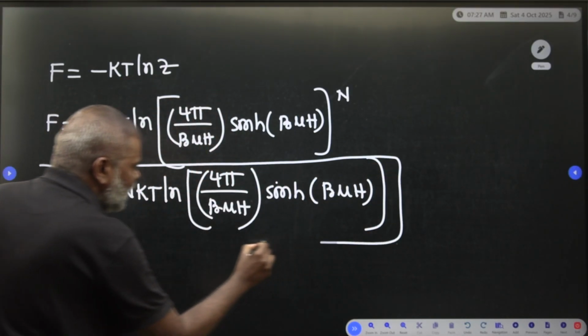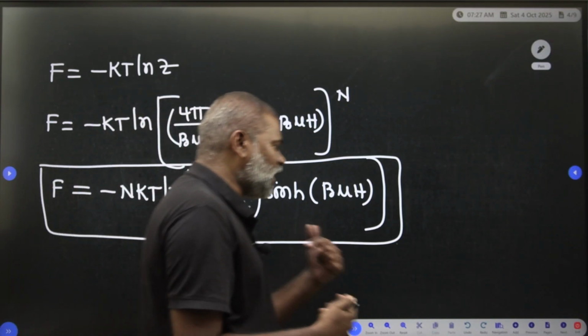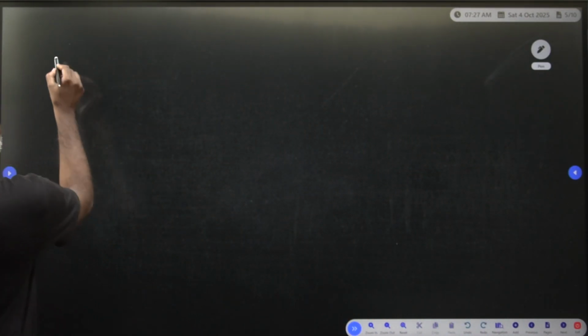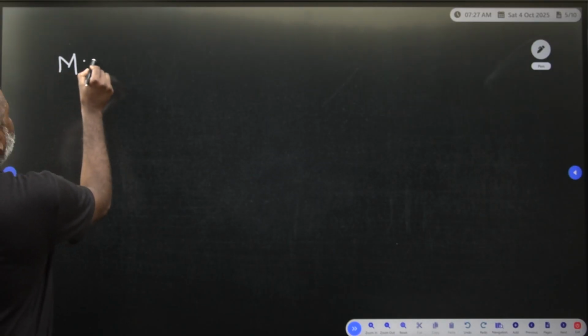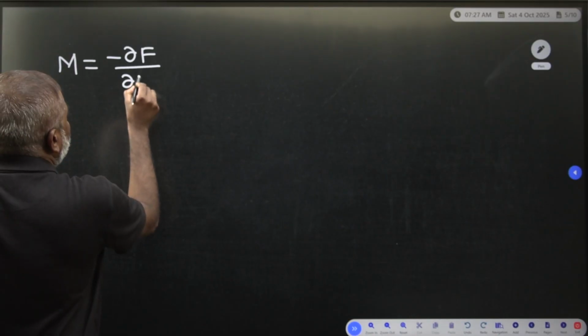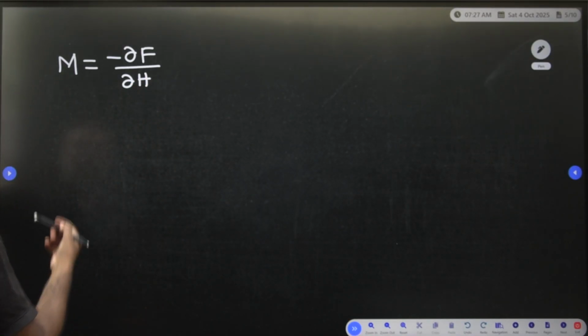After calculating the Helmholtz free energy, we need to calculate the magnetization. What is the magnetization formula? M = -∂F/∂H. This is the magnetization formula.